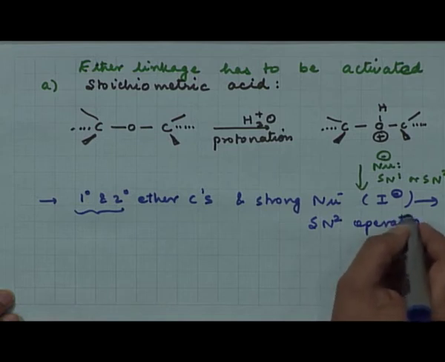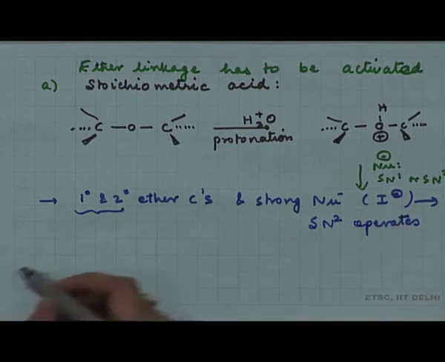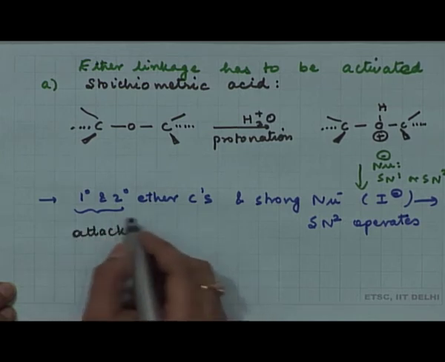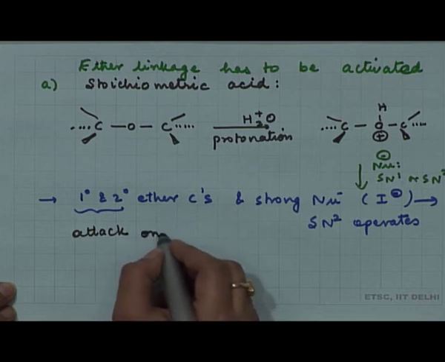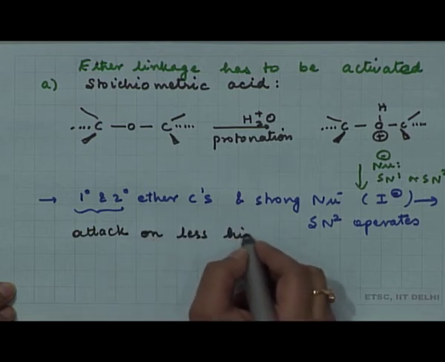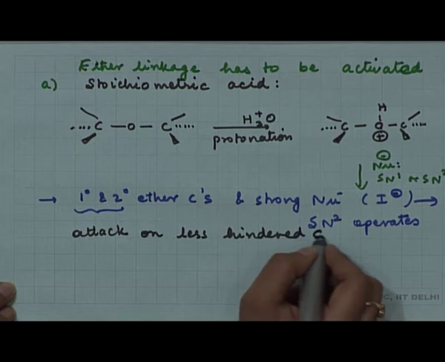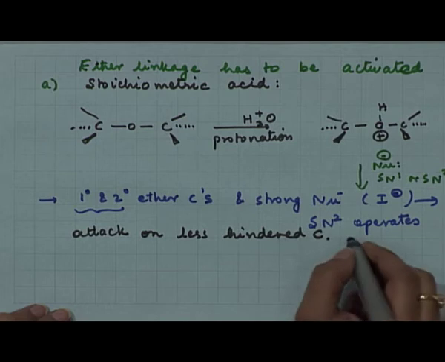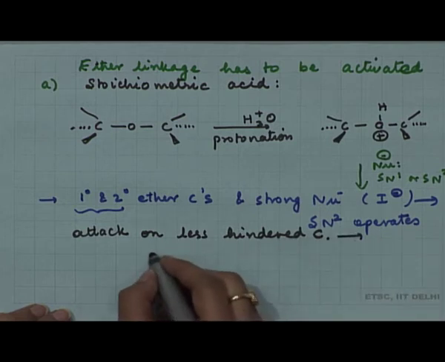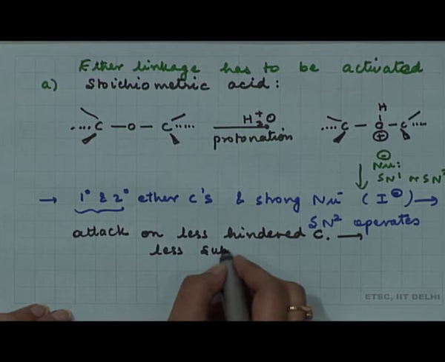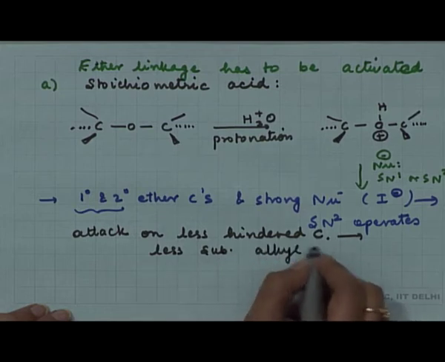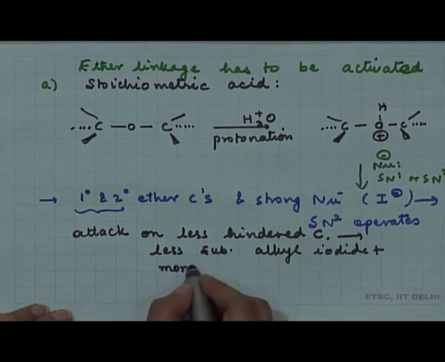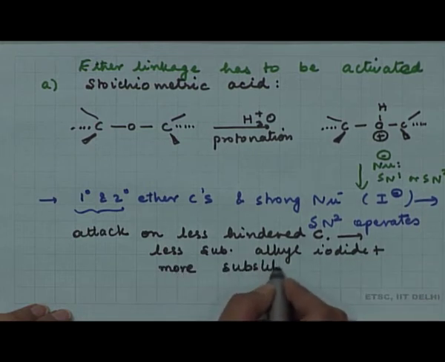Your nucleophile is going to attack the less hindered carbon, as is typical of an SN2 reaction, and you get a less substituted alkyl iodide and a more substituted alcohol.